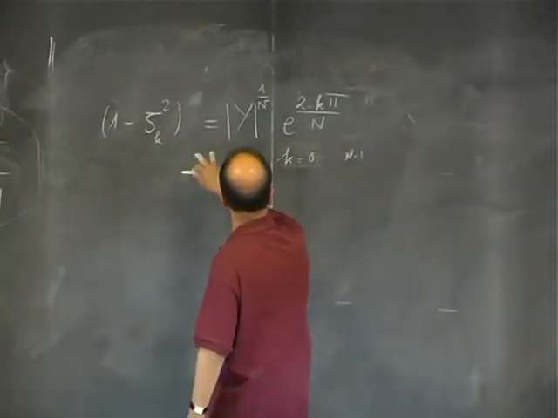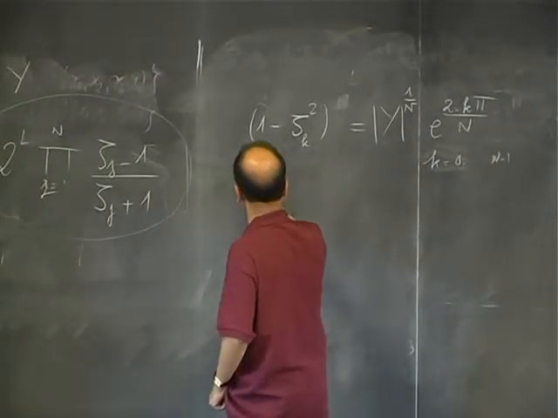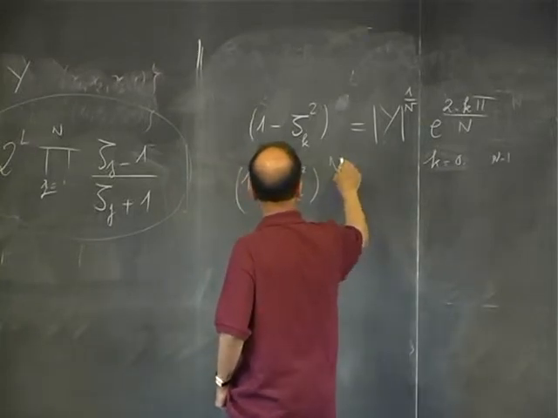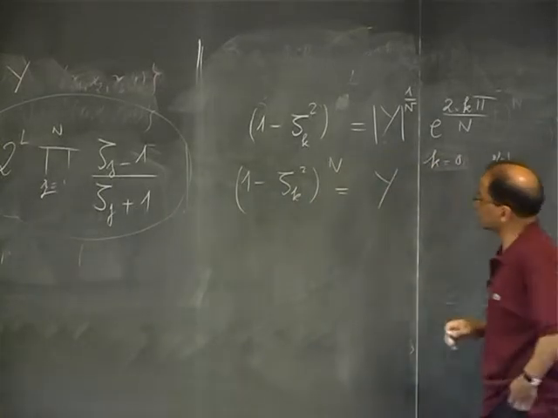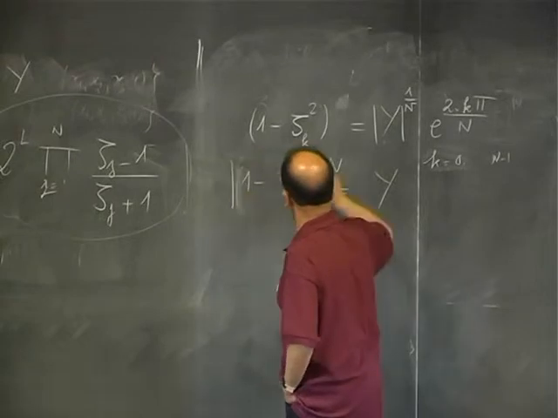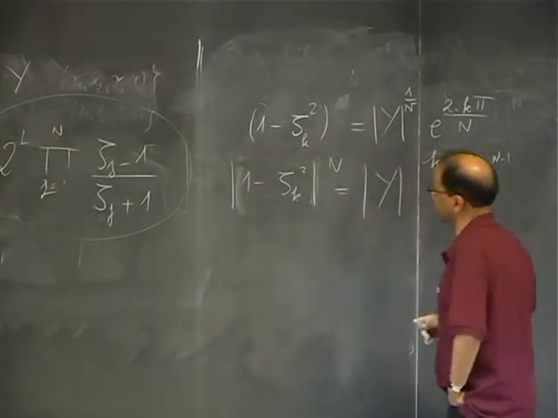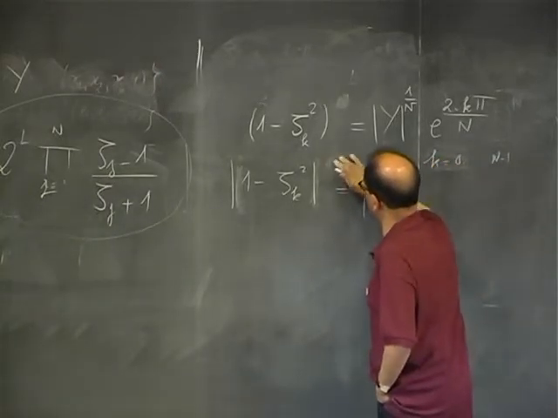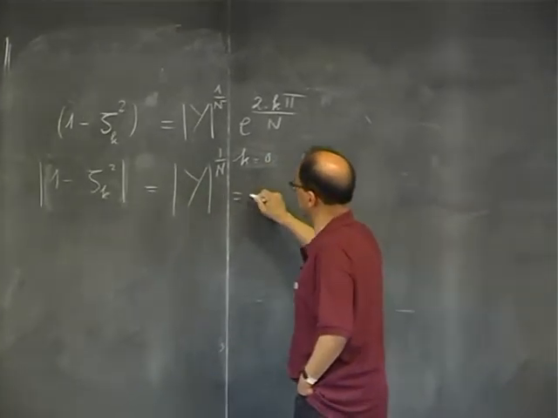So let's look at this equation. In fact, the complete equation was like that, equal to y. Let's take the modulus of this equation. And now I have only positive numbers, so I can really extract the nth root, and this is 1 over n, and I can just call it y.